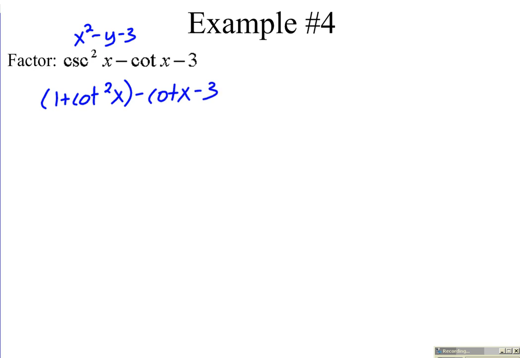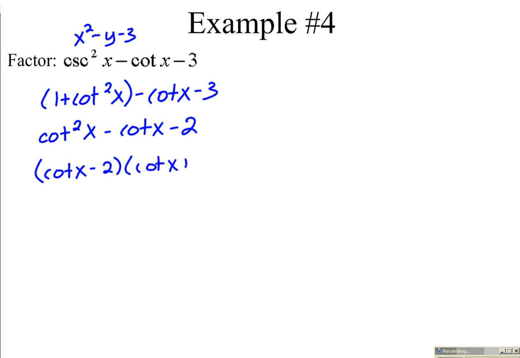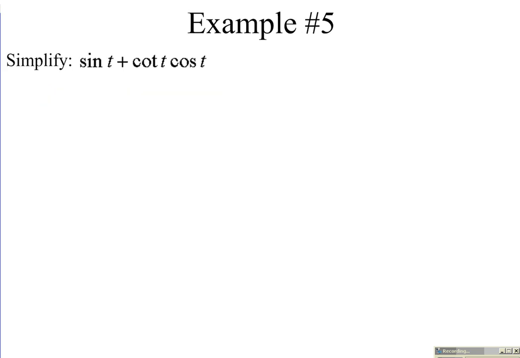Cosecant squared is 1 plus cotangent squared. And now I have that whole expression written in terms of just cotangent. Simplify. We have cotangent squared minus cotangent minus 2. Again, a trinomial that we can factor into two binomials. Cotangent x minus 2 times cotangent x plus 1.